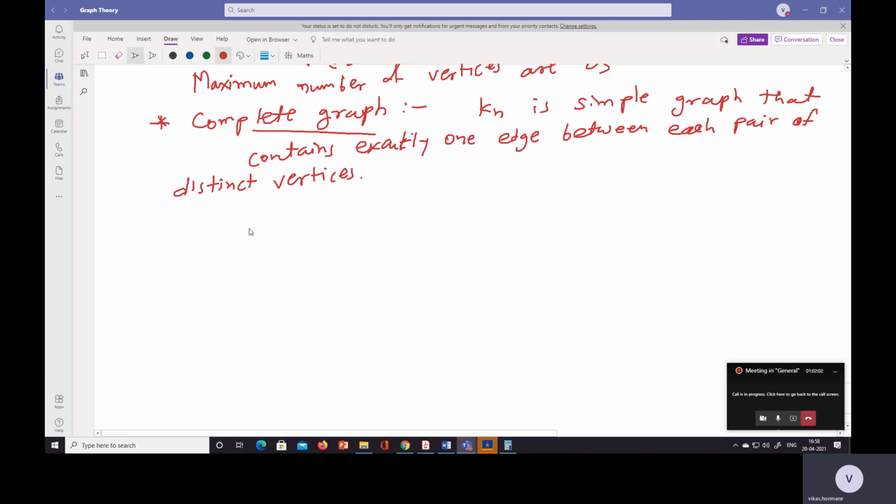Kn is a simple graph that contains exactly one edge between each pair of distinct vertices.